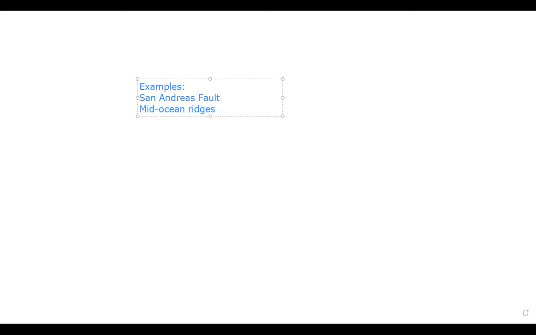Because you can have more than just one type of boundary there, but usually it's a very specific boundary and then a transform fault, or a different type of boundary and a transform fault. But it's any place that ocean to ocean or continent to continent can slide past each other.